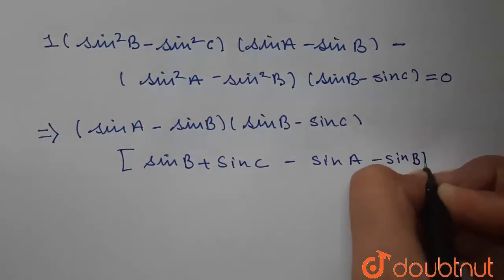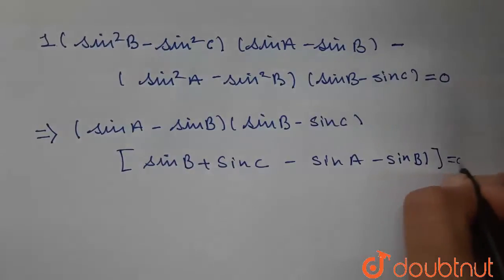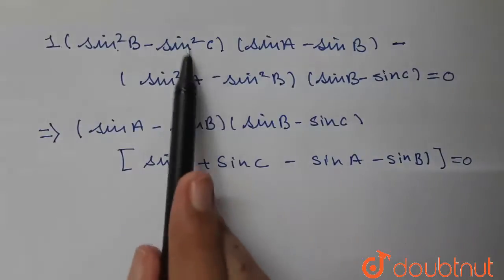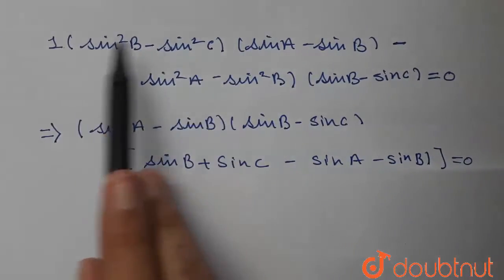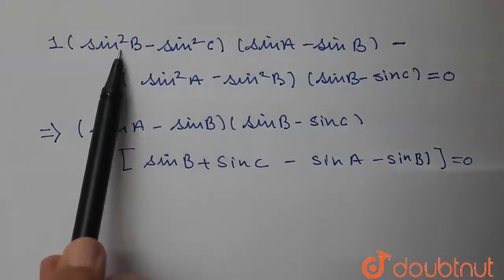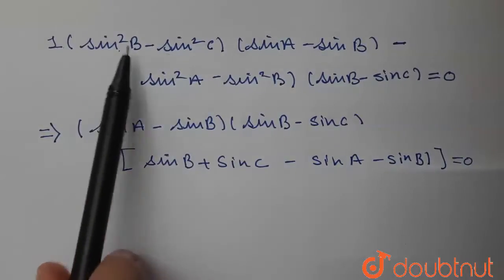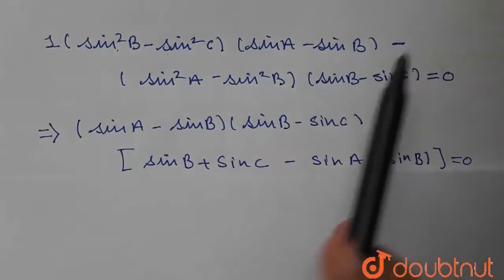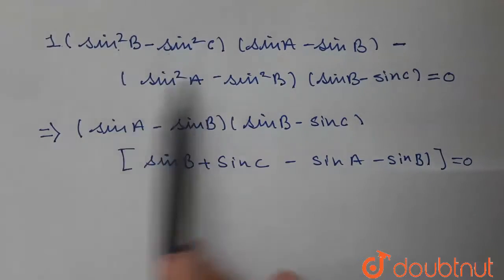Okay, so how we got this? See this bracket. This is sine square B minus sine square C. This is resembling a square minus b square, so that will be (a plus b) and (a minus b). So sine B minus sine C and sine B plus sine C, like this. Okay. So one time of that we will take out common.